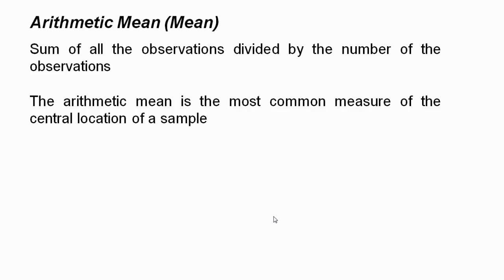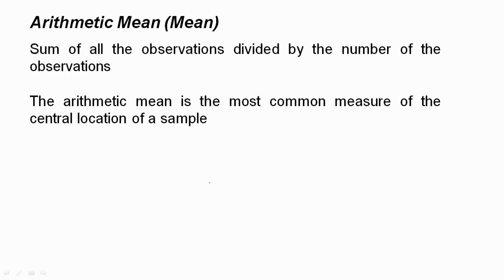It is the sum of all the observations divided by the number of observations. So the mean is the average value of the data set. The arithmetic mean is the most common measure of the central location of samples. Then how do we calculate the mean value of the data set?